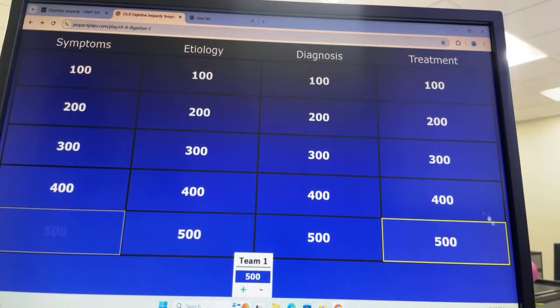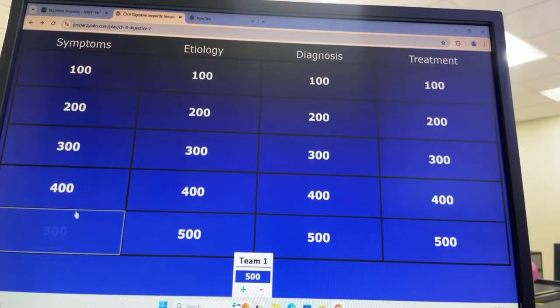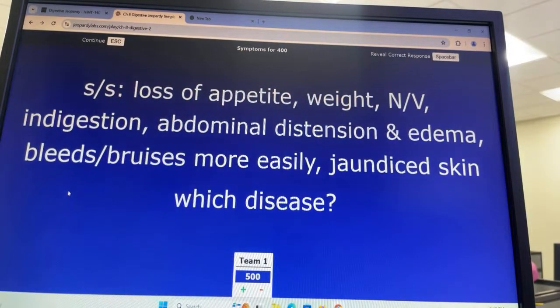All right, so loss of appetite, losing weight, nausea, vomiting, indigestion, abdominal distension, edema, bleeds and bruises more easily, jaundiced skin, which disease? So the skill as you look through these is trying to find the ones that stand out, because a lot of the digestive symptoms are going to be the same. The one that stands out here is the jaundice and the bleeding and bruising more easily.